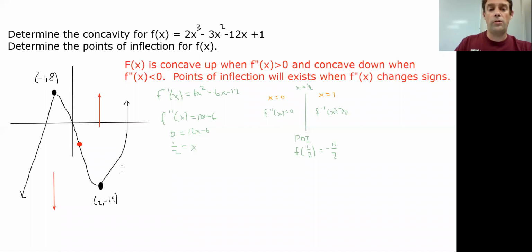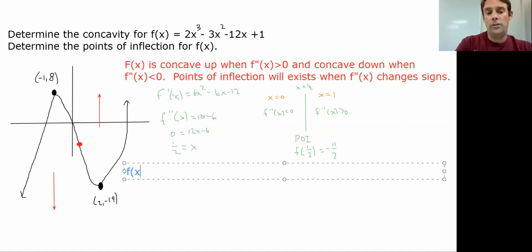All right, so we said what we're going to do. We did the work. Now that we're done, we say what we found. F of x is concave down from negative infinity to 1/2, because f double prime of x is less than 0. I'll have to write those in here in a second.